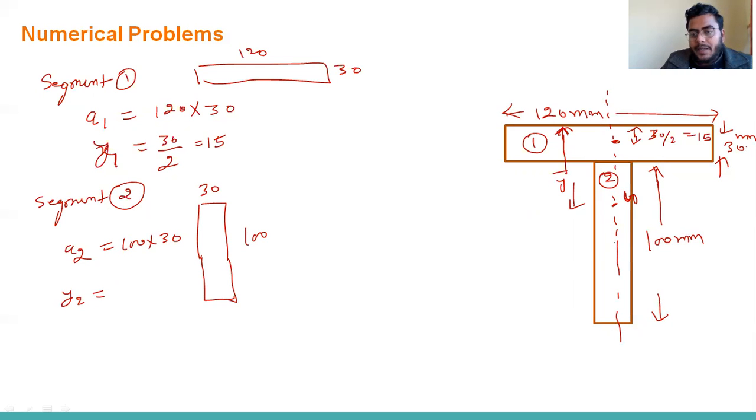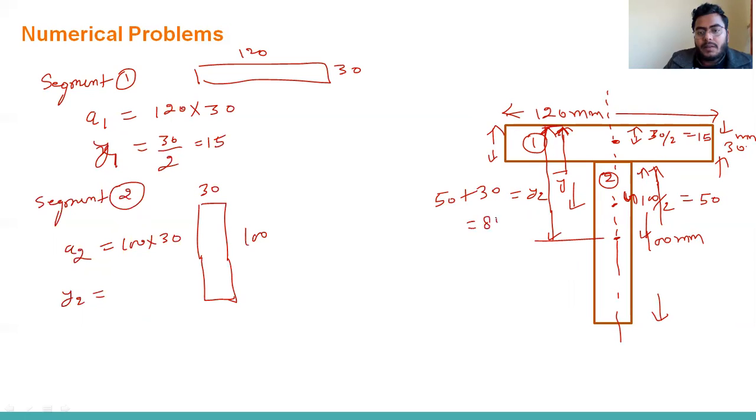This is also a rectangle, so the centroid will be at half the distance, 100 divided by 2, which is 50. But we have to calculate y2 from this line, so it will be 50 plus this length, 30, which is 80 mm.